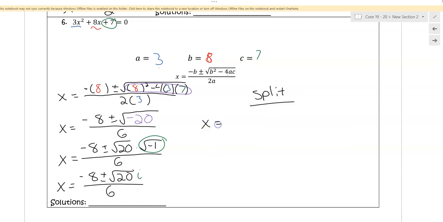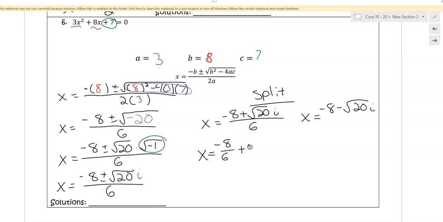So x equals negative 8 plus square root 20, i, and x equals negative 8 minus square root 20, i, all over 6. Again, we can't add anything, so it's going to be negative 8 over 6 plus square root 20 over 6 i, and x equals negative 8 over 6 minus square root 20 over 6 i.